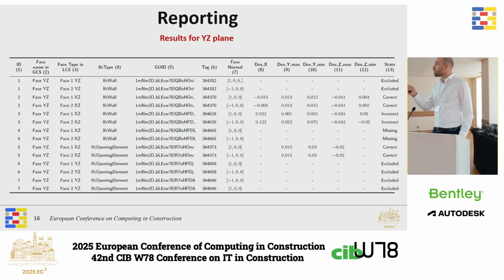So with this way, now we know more characteristics about the phases. Also, we report the 5 deviations for each phase, and we report also a state which is included correct, incorrect, or missing.